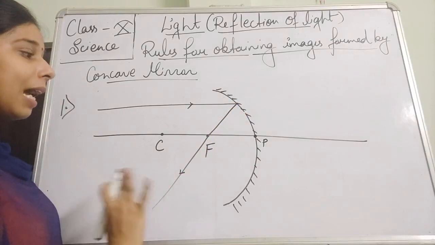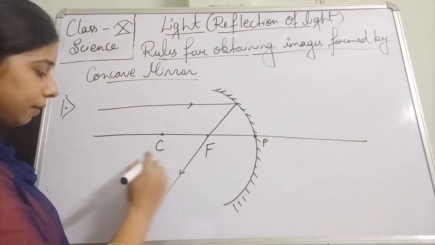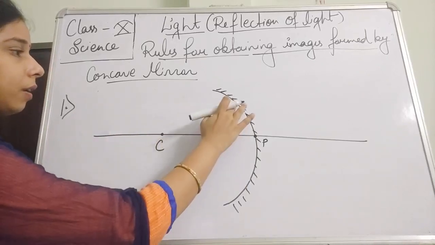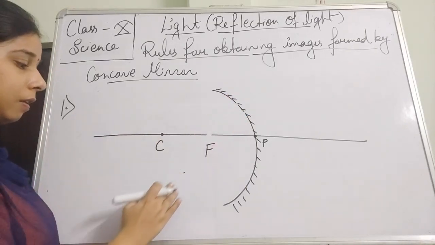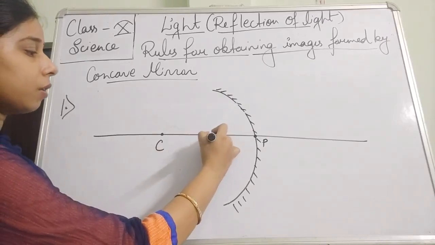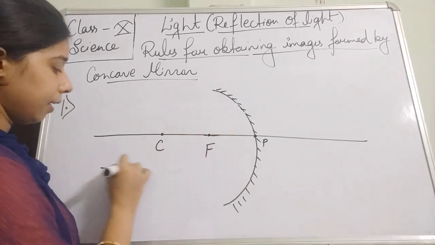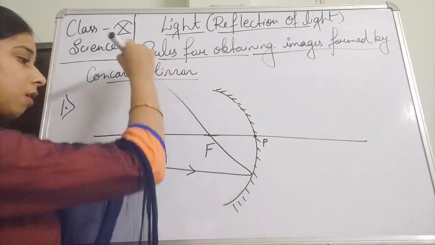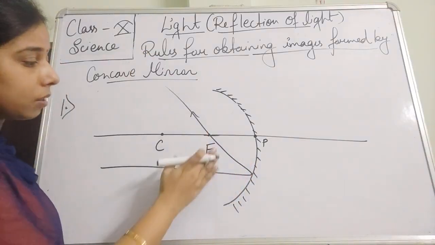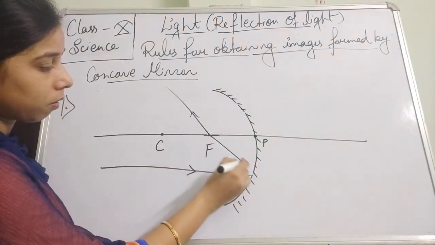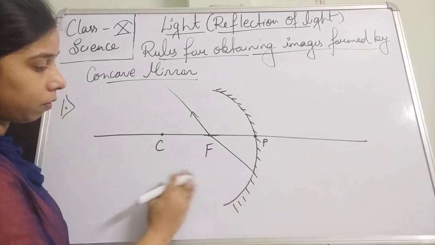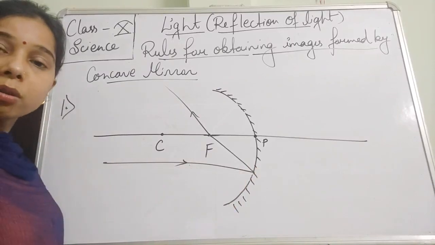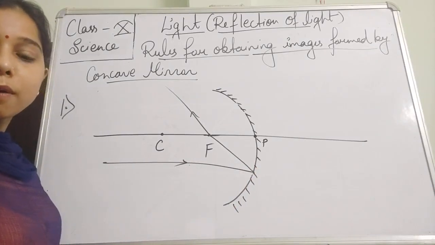Remember, it can be any ray. If instead of this beam, you take a beam of light from this side, this one also after reflection passes through the principal focus. Even after reflection, it will also pass through the principal focus, students.